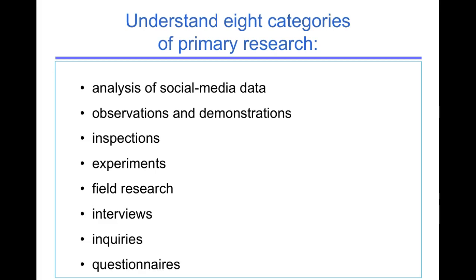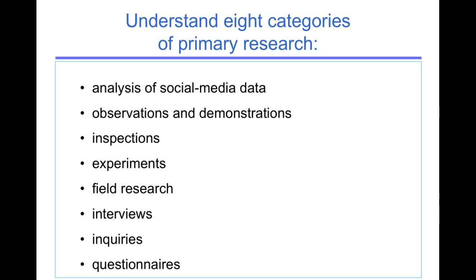Frequently when companies are looking for new systems or new software, they'll invite different software companies to come in and provide demos of how their product works. Do inspections if that's appropriate. Experiments: try things out. Field research: go out and observe how something is. Interviews are always great.